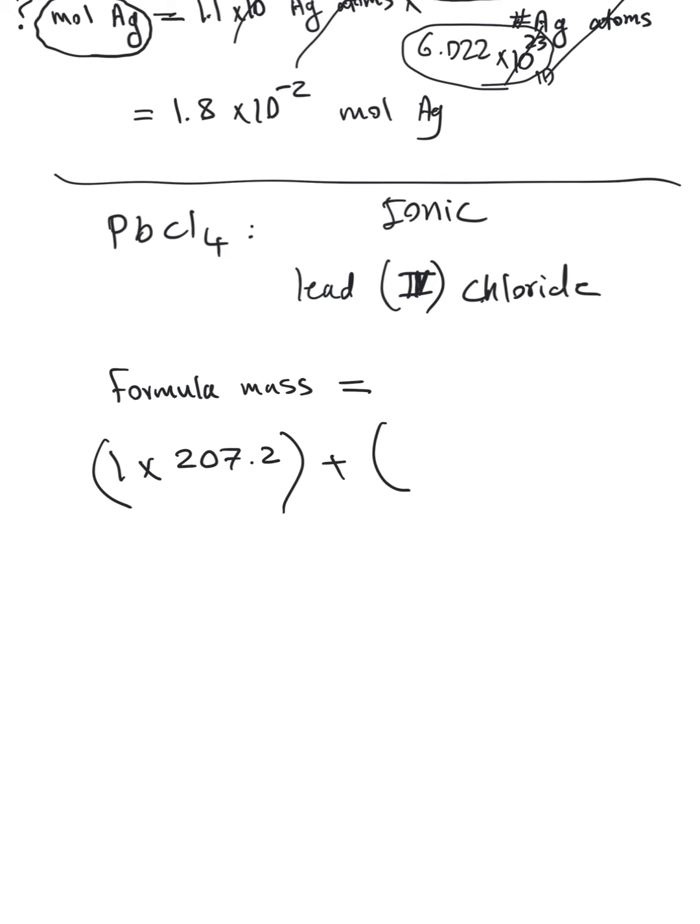How many chlorine do we have? Yes. And then again, you go to your periodic table, and at the bottom of chlorine you have the atomic mass unit. And then after doing the math, you will have 412 atomic mass units.